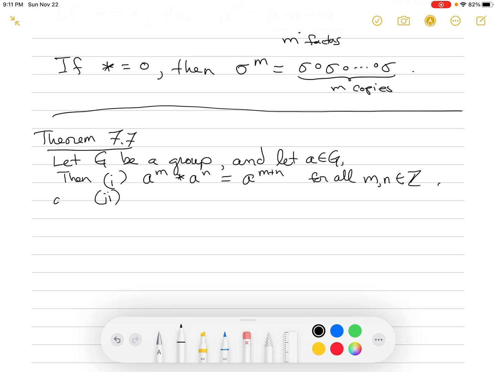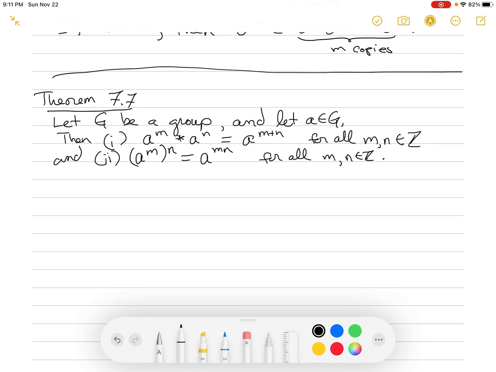And 2, a to the m power raised to the n power is a to the m times n, for all integers m and n. I don't know if I'm going to do the negative cases. I think I might just do the positive cases. You can do it for the negatives. They're not super hard. You just have to do a little bootstrapping. But let's see, proof. Let G be a group.